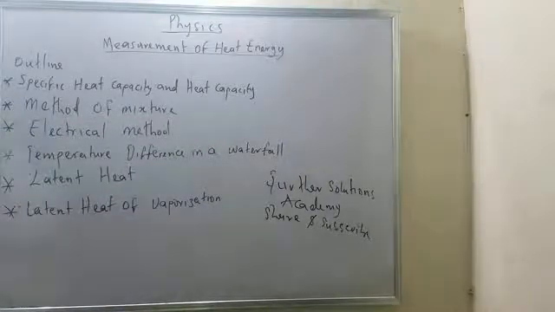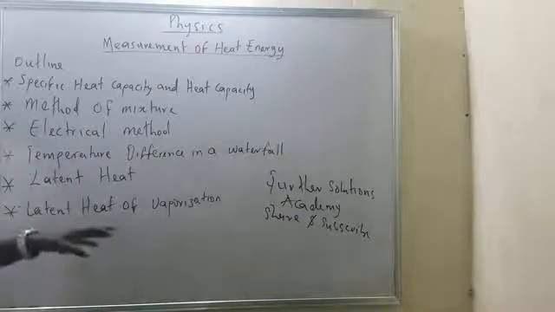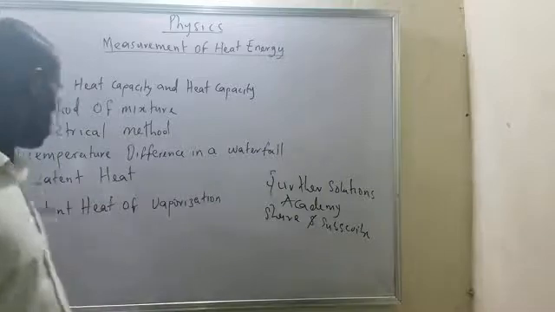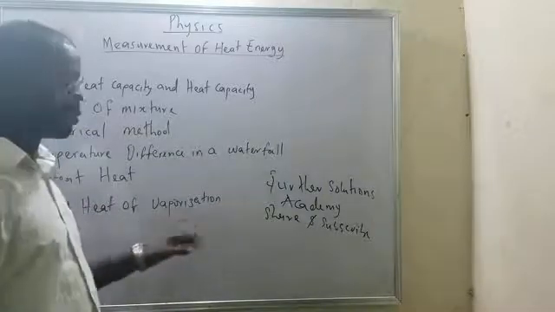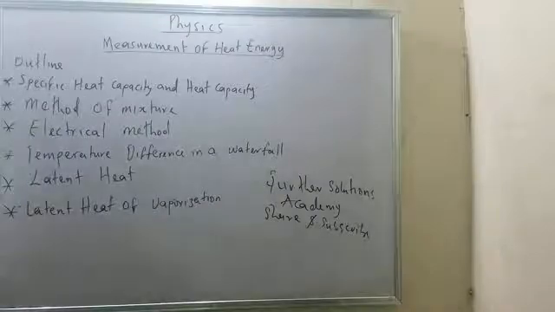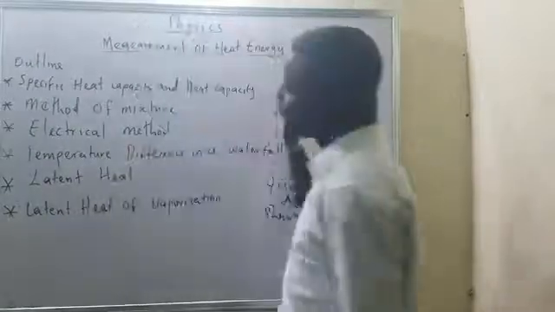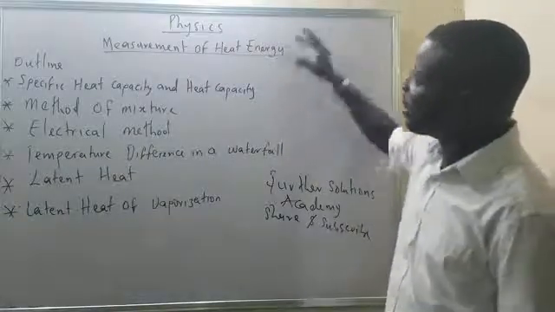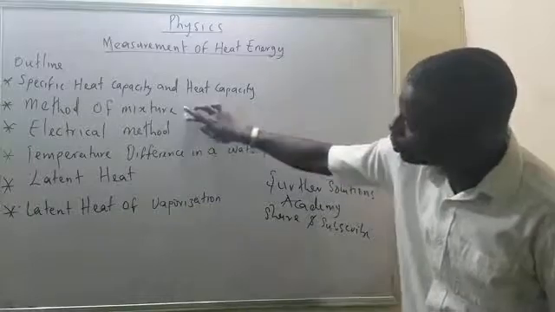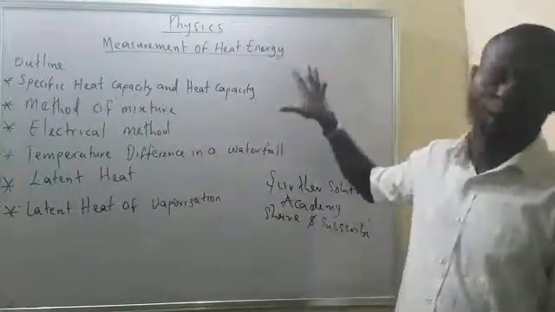The second one is method of mixtures, electrical method, temperature difference in a waterfall, and latent heat of vaporization. On each of these outline, it will produce one video on each. It means on this part, we'll be having 6 videos on this topic.